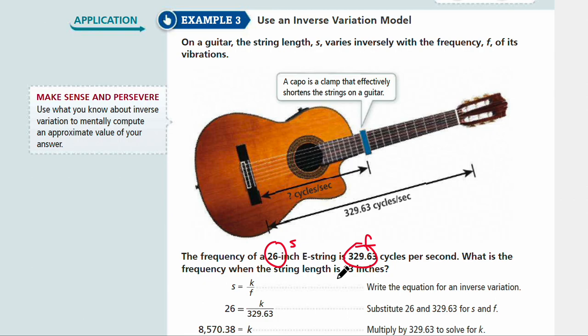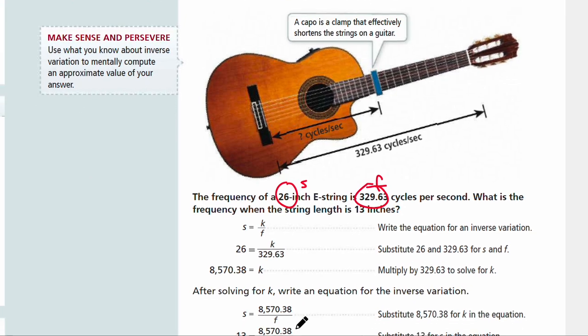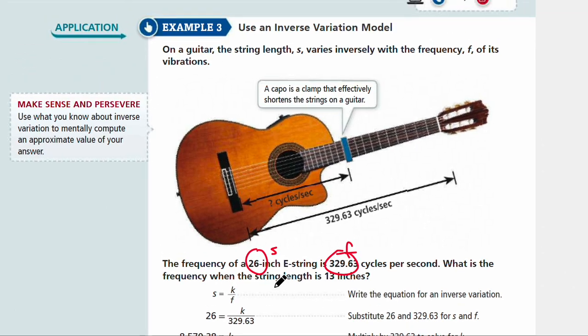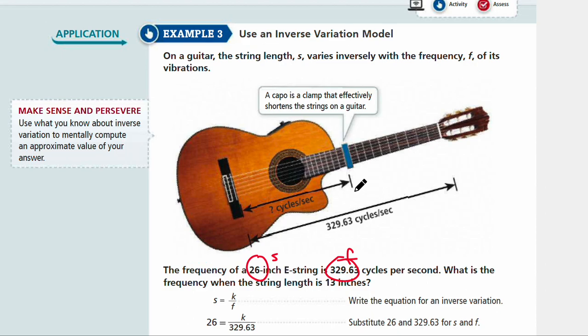You multiply them and you'll get 8,570.38 as the value of k. So now, after solving for k, you can write an equation for the inverse variation where s is equal to 8,570.38 over f.